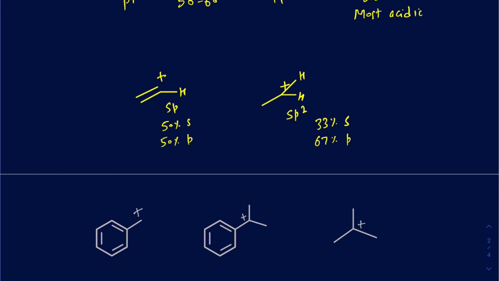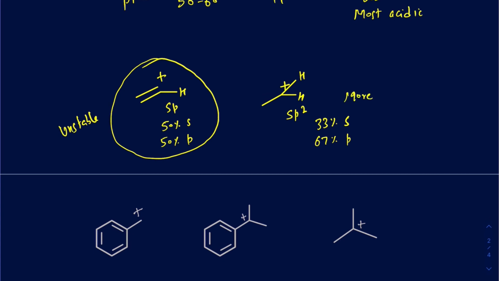The answer is no, because your nucleus is itself a positive charge, so it's going to start repelling that positive charge, so that's going to be your most unstable. That's why your vinyl carbocations are going to be the most unstable out of all of those, even more unstable than your methyl carbocation. And this one is going to be more stable compared to the other one.